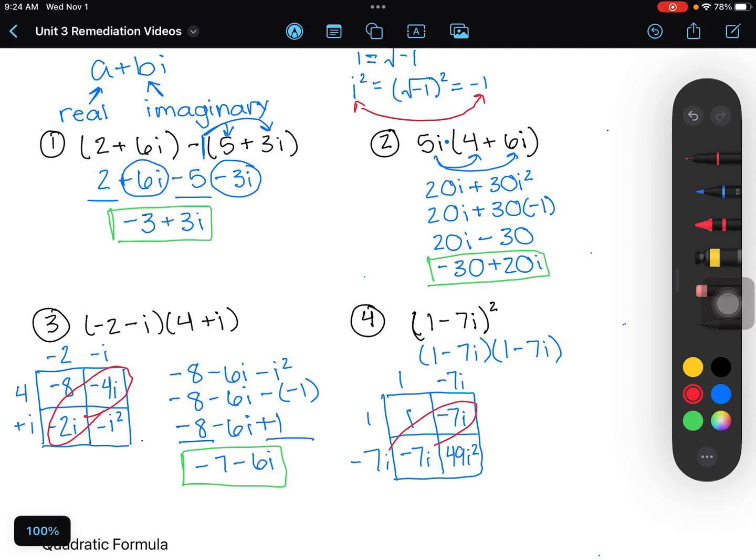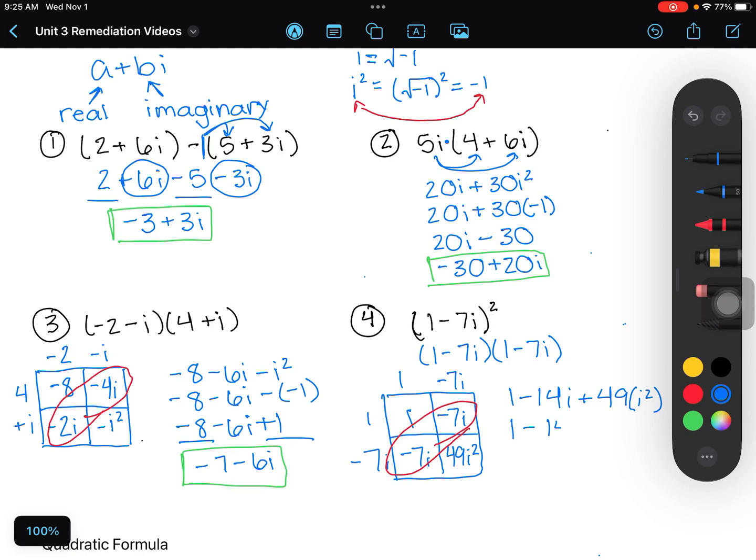Again, I see I have two like terms here. So when I write them, I want to combine those. So I have 1 minus 14i plus 49i squared. But now that we have an i squared, I know that I can replace that with negative 1.